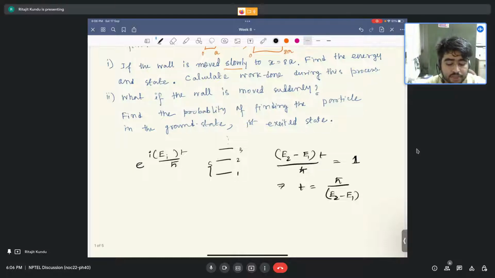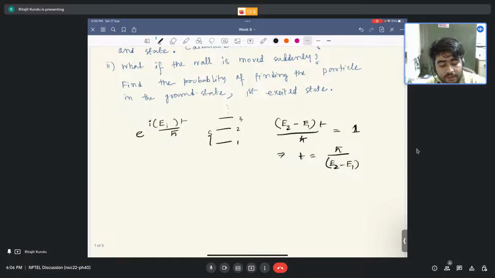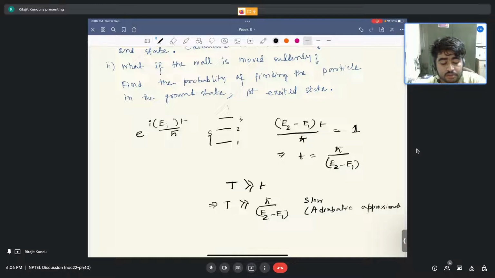By slow we mean that our time scale of shifting the walls, T, is much larger than this t. That means T is much larger than h bar by E2 minus E1. Only then we'll call it slow. That means we'll be able to use the adiabatic approximation. So this is the meaning of slow.